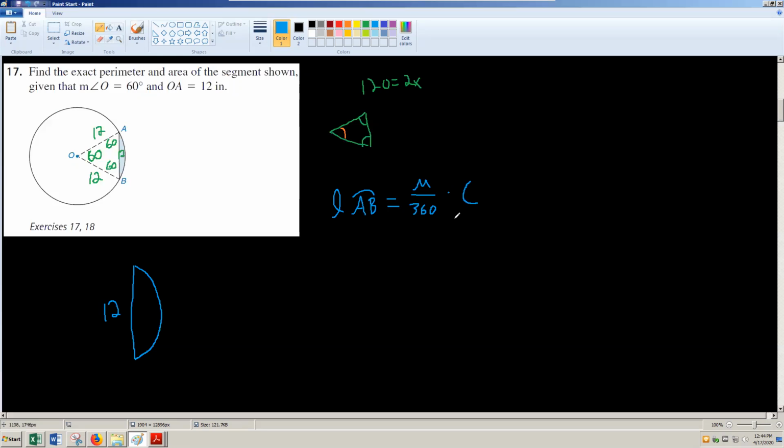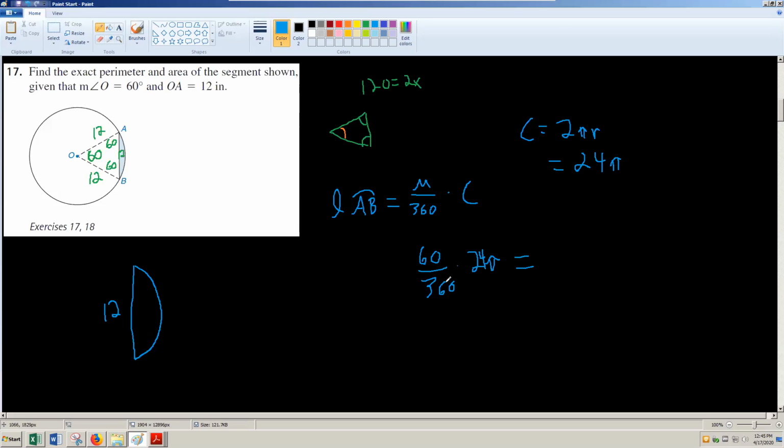So first thing I want to figure out is the circumference. Well, my circumference equals 2 pi r. In this problem, we're given that r is 12. So my circumference here is going to be 24 pi. So now here, this is going to get substituted in, and I want to know the central angle here. We got 60. So I get 60 over my 360 times 24 pi.